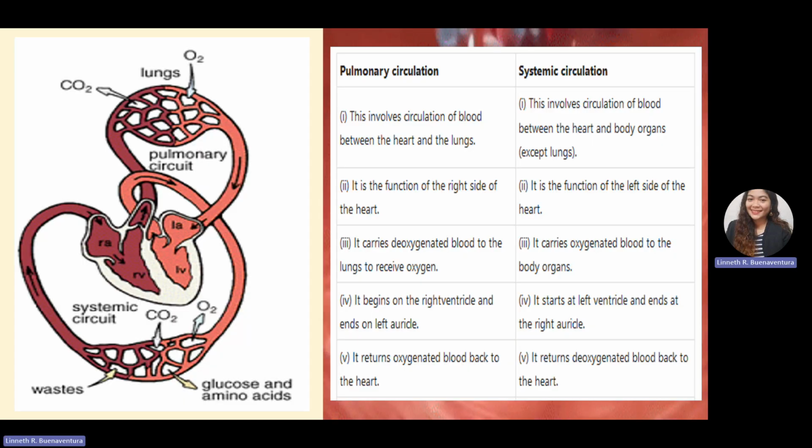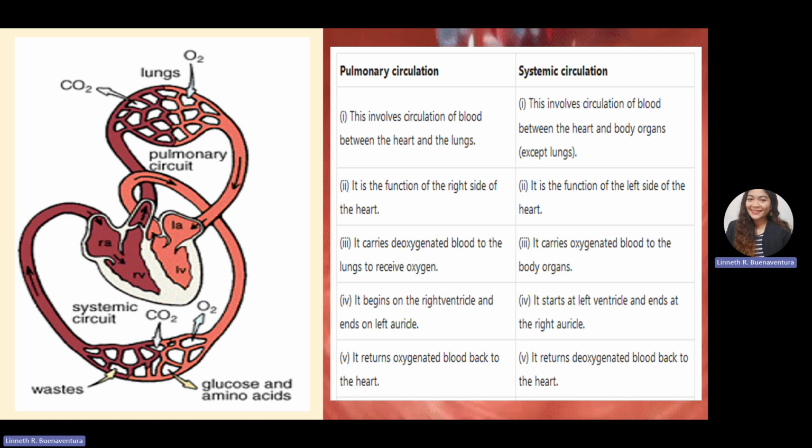So the difference between pulmonary and systemic circulation. Pulmonary circulation involves circulation of blood between the heart and the lungs. The function is on the right side, from the right atrium and right ventricle to the pulmonary arteries and lungs.